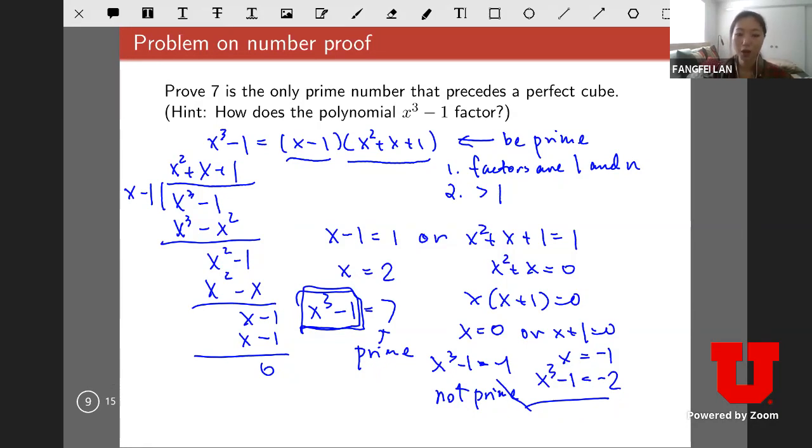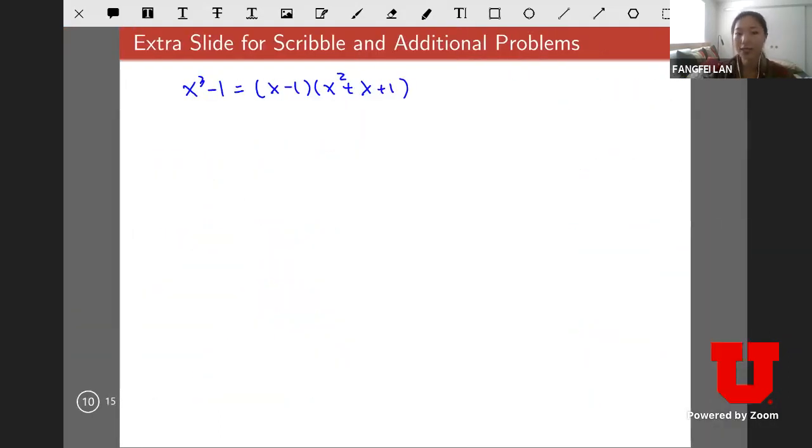We just use the property of prime. Okay, we're going to do the other way. We're going to use the second property of prime, which says that a prime number has to be greater than 1, right? Since x cubed minus 1 is prime, that means this is greater than 1.